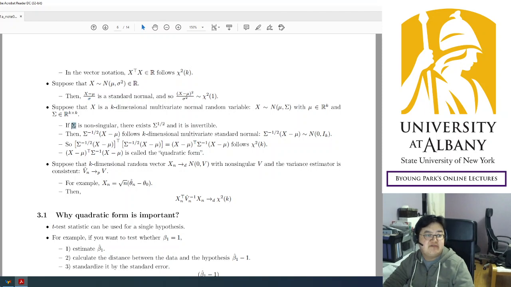Same thing: if sigma is non-singular, you may multiply this. Intuitively speaking, this corresponds to non-zero when the variance is one-dimensional, but not exactly the same as in matrix notation.